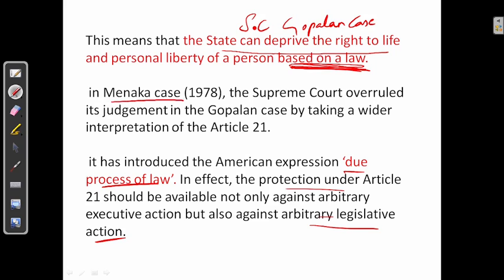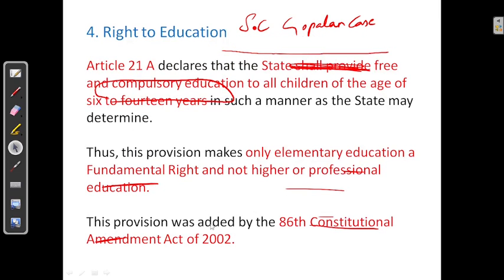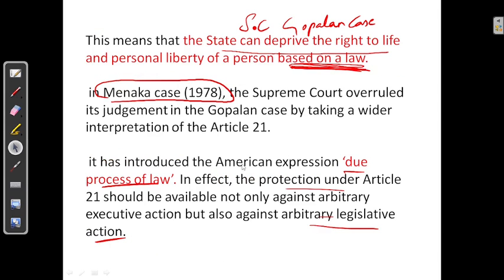Earlier, in the Gopalan case, it was only against executive action.